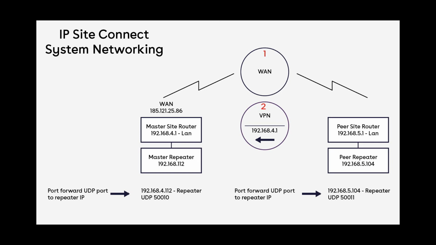I usually set up my systems with VPNs created between all of the sites. I find it easier, you've got more control, and it's more secure because the traffic is encrypted, but it's entirely up to you. You can use either of these methods.